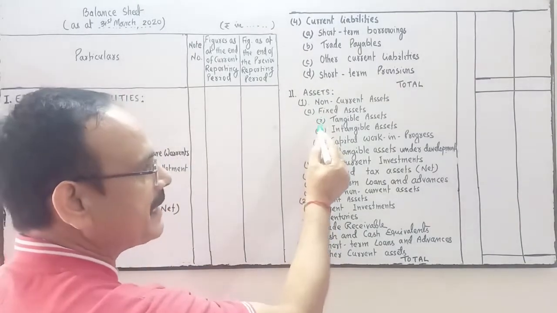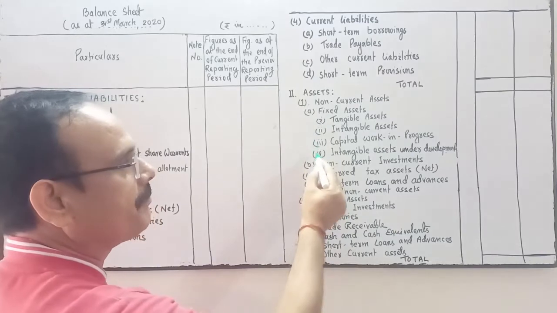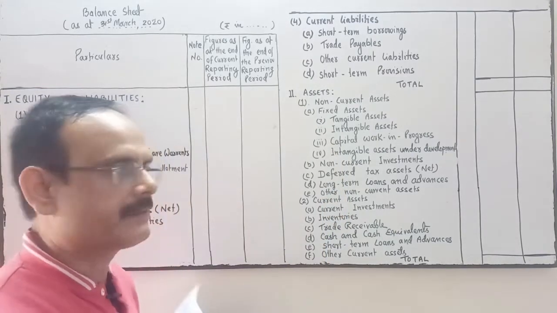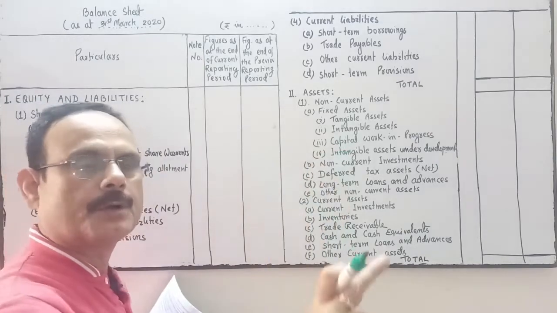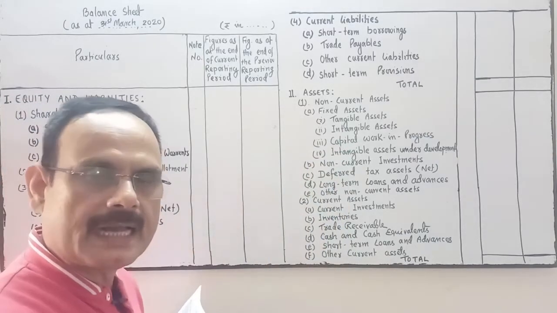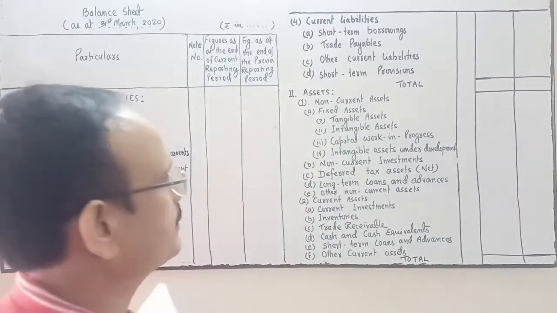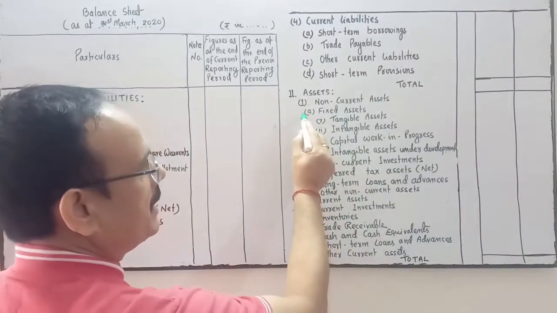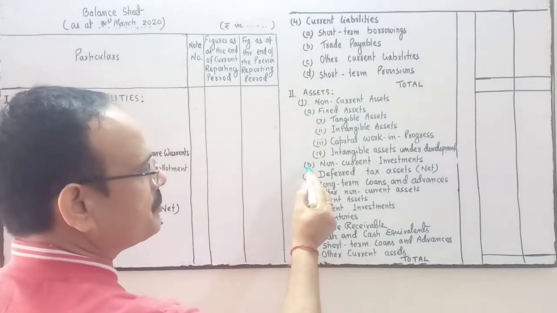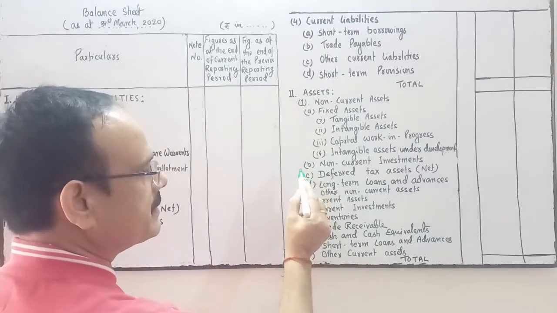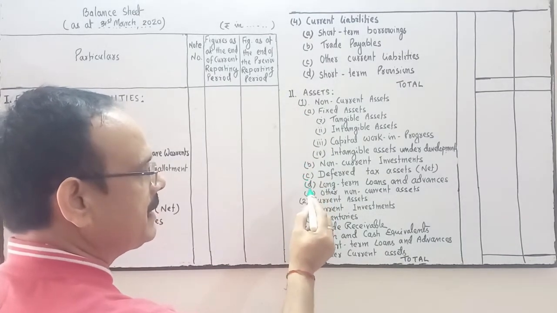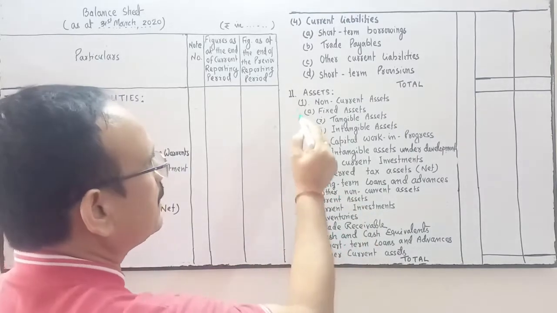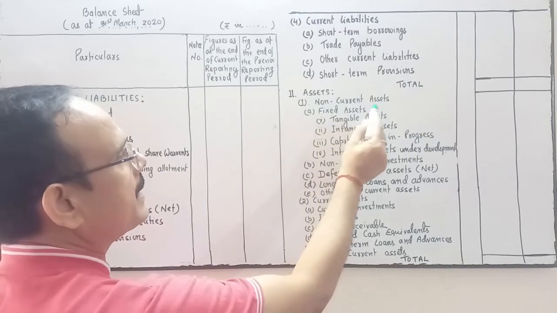So under the fixed asset, there are the four type of fixed assets: tangible assets, intangible assets, capital work in progress, and intangible assets under development. Now non-current investment, after fixed assets, non-current investment, then deferred tax assets, then long-term loans and advances, then other non-current assets. So these are under the non-current assets.